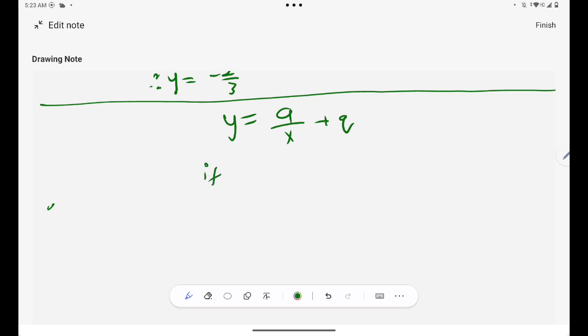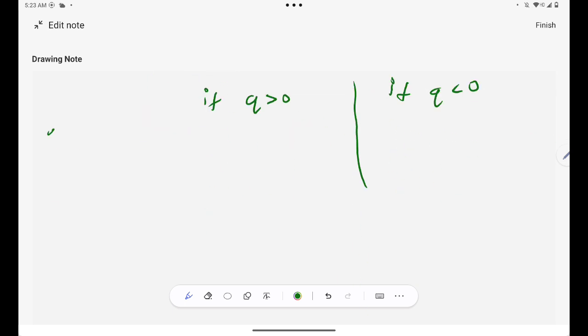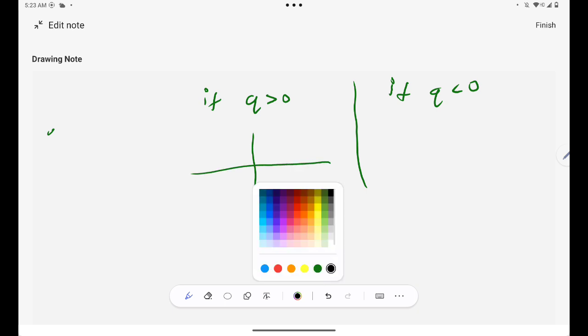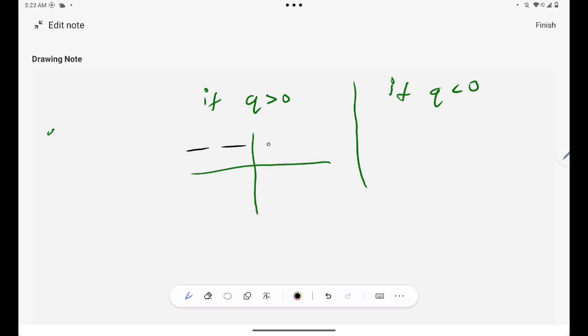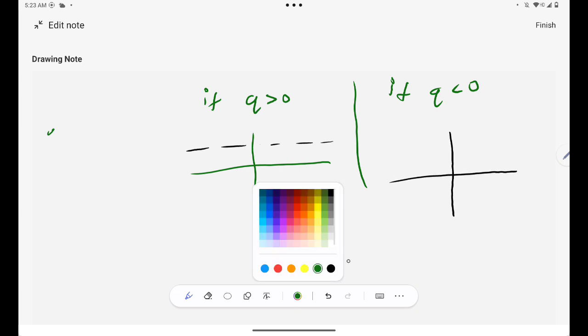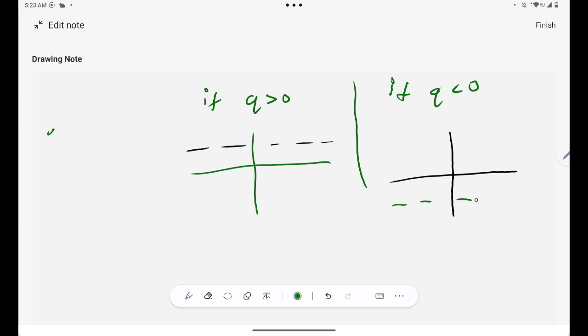If q is positive or if q is a negative number: when q is positive, it simply means that your asymptote is above the x-axis, like this. But if q is negative, it simply means your asymptote is below the x-axis. It's as simple as that, guys.